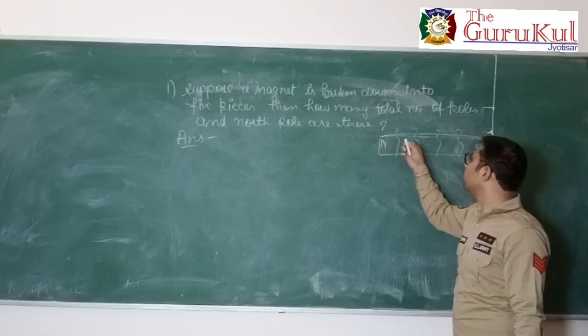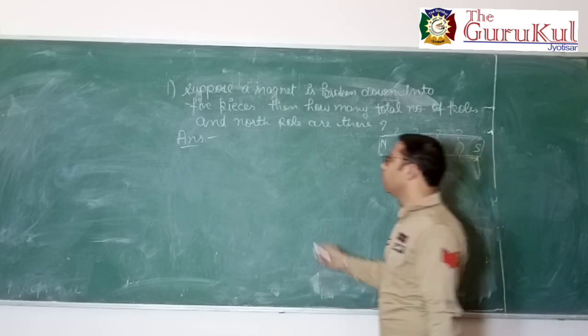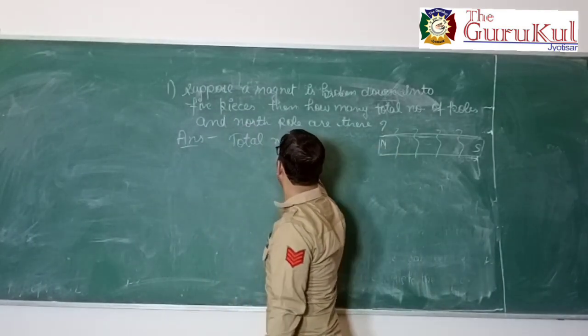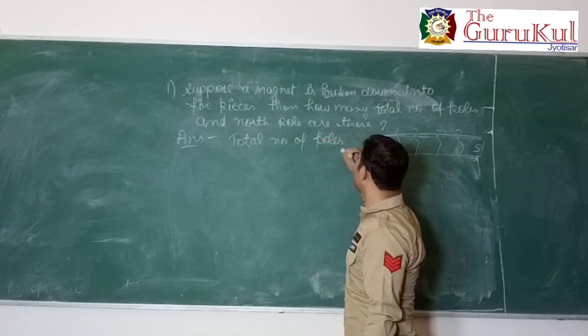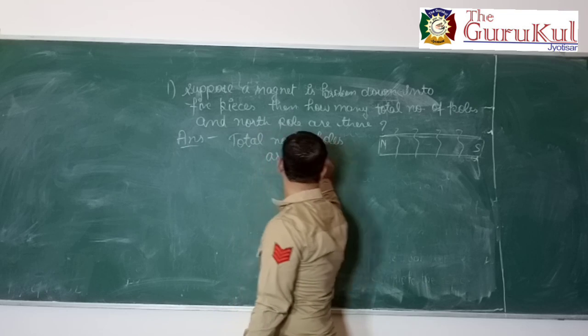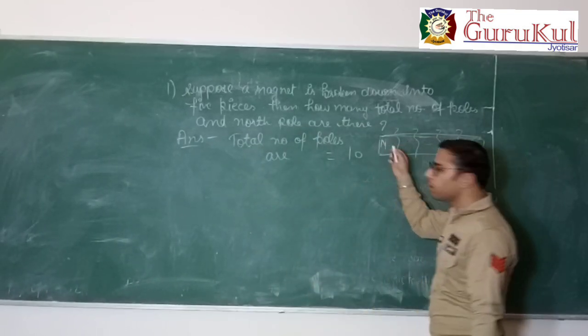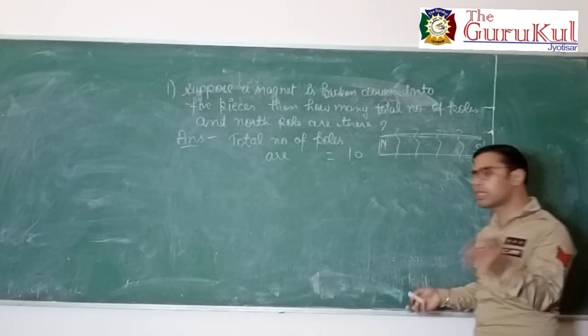So 2, 4, 6, 8, 10. Total number of poles are 10.